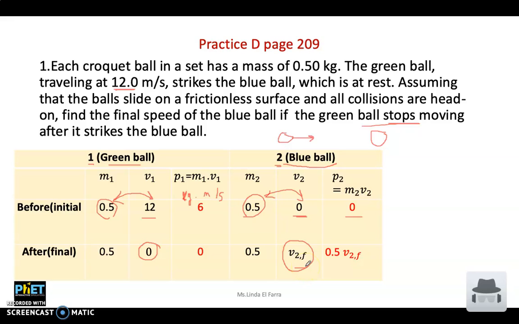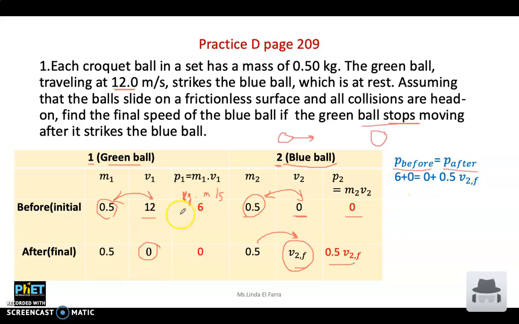How am I going to find the momentum? Mass times velocity. I'm going to write it here on the table, which is 0.5 times v2 final. And then I'm going to write the conservation of momentum: P before, or initial, equals P after, or final.